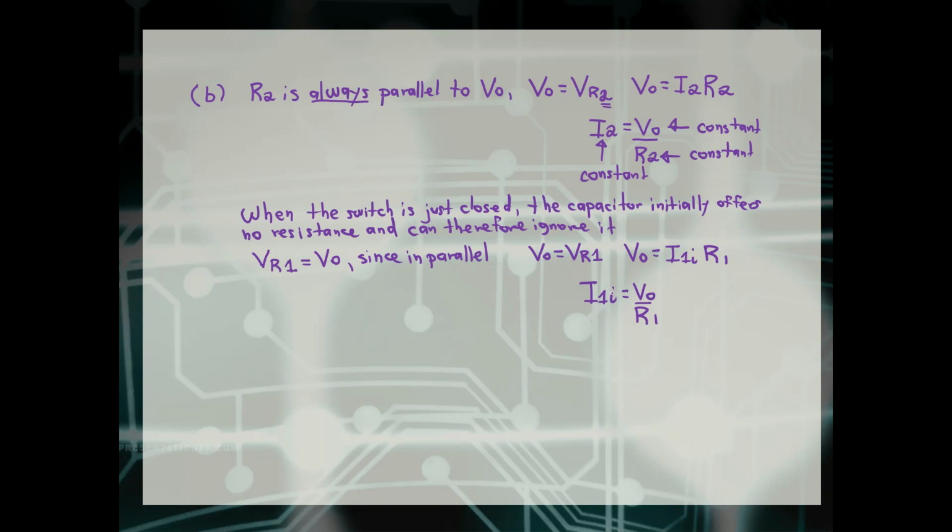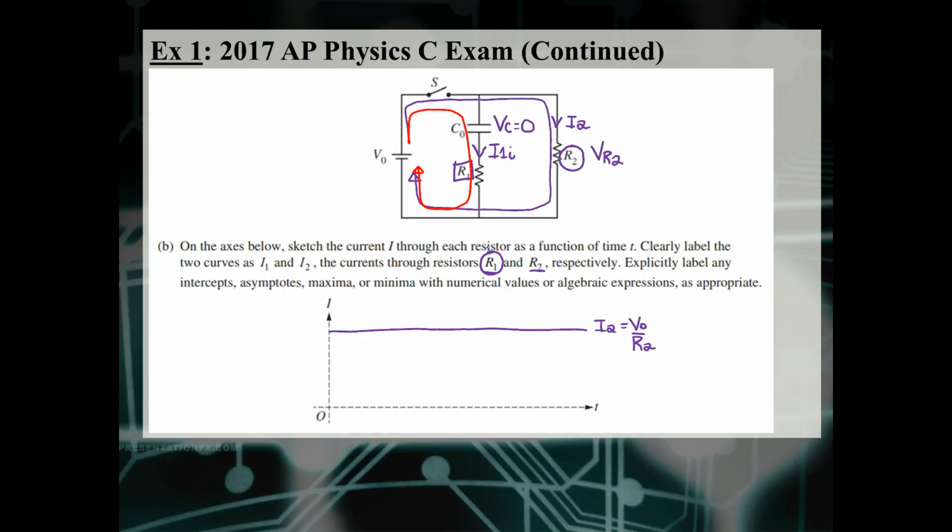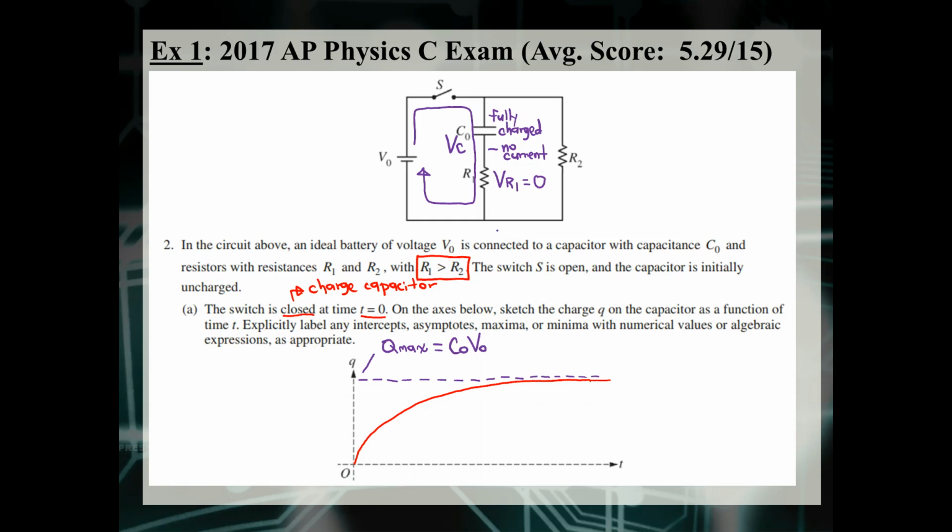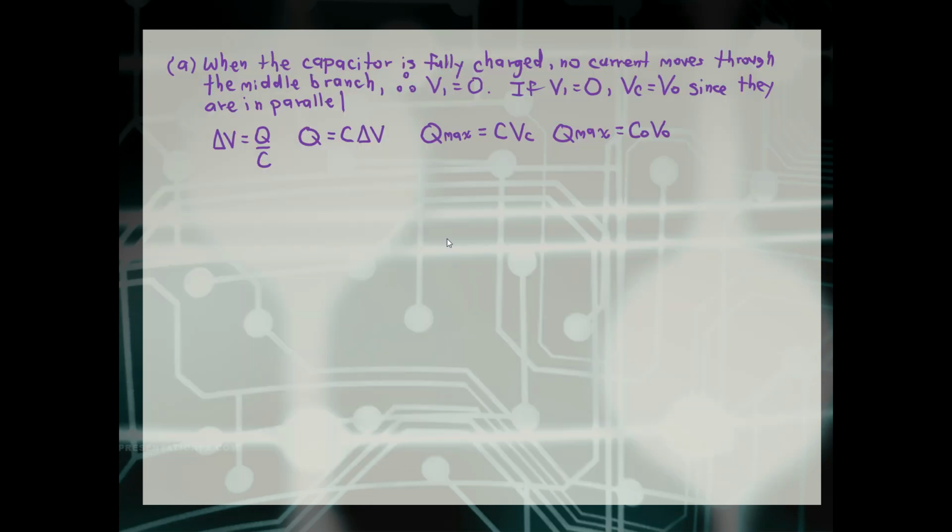Now, that's what the current's going to start at, but before we can plot this, we need to know which current is bigger. When I plot this on the graph, is the initial current through the middle branch going to be higher than the current through the right branch, or is it going to be lower? This is where we have to utilize the fact that it tells us that R1 is bigger than R2.